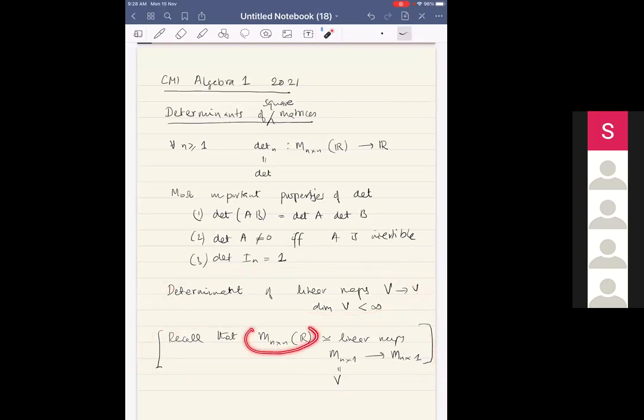Every linear map from column vectors to column vectors is given by an n by n matrix, and that matrix is unique.